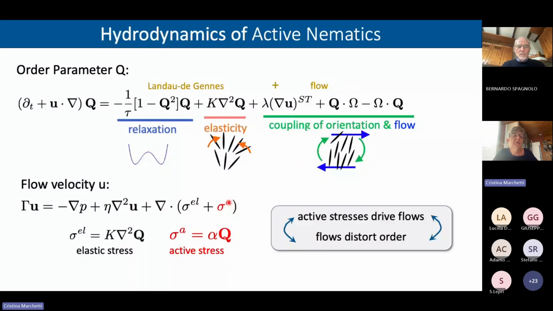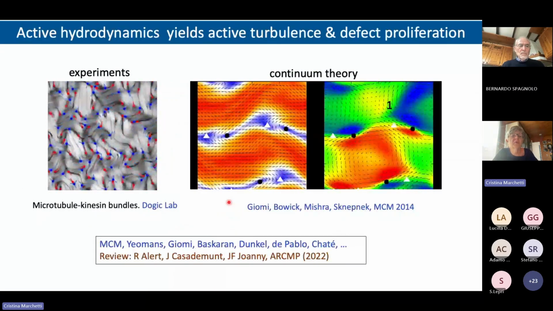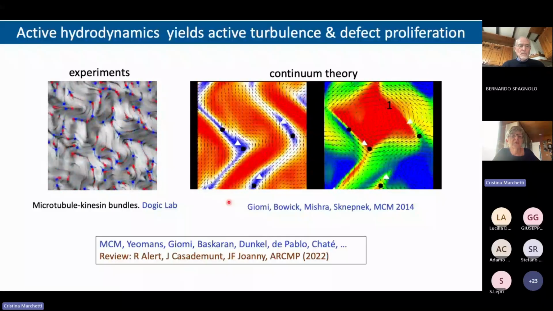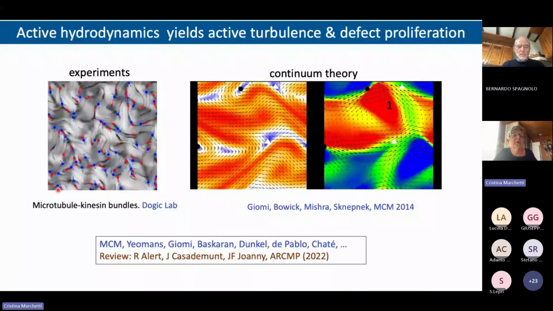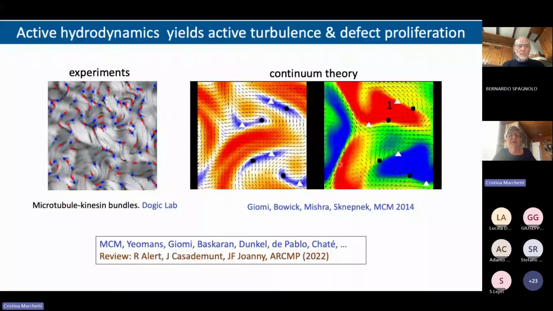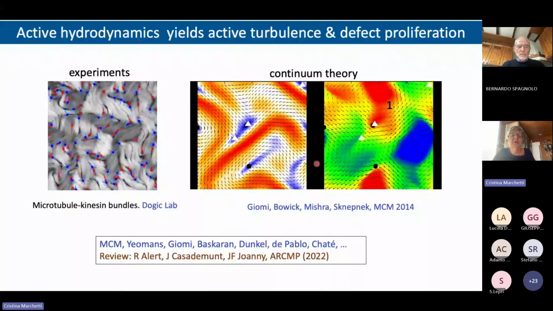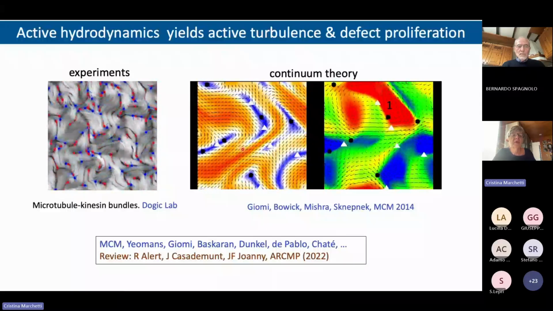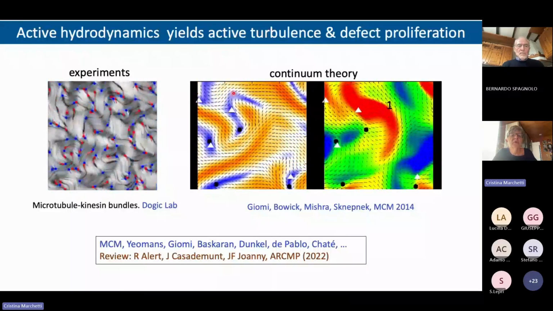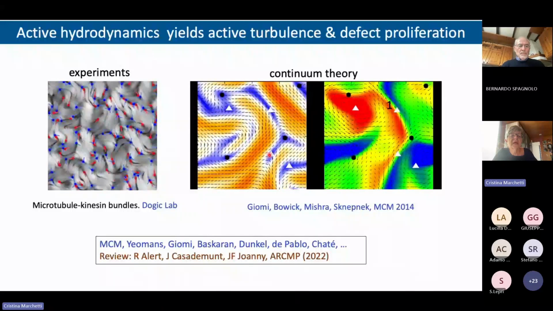And if you take these equations and you solve them numerically, you find a behavior which is very similar to the one observed in experiments. These two colorful images describe both the flow and the orientational order. In the one to the left, the color is the degree of order. The blue is zero order and red is high order.